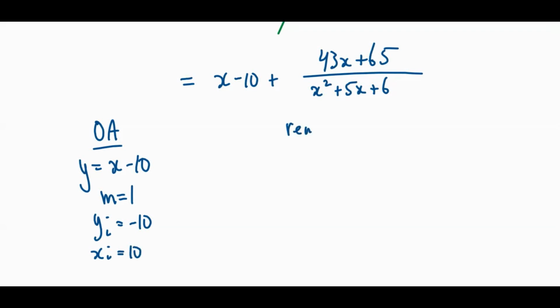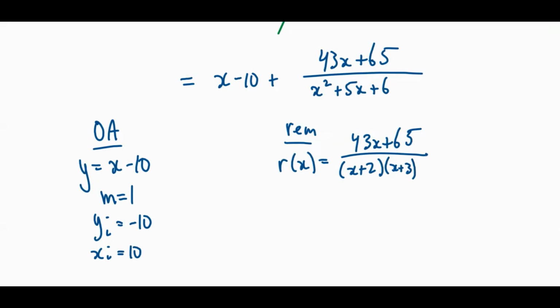And then the remainder part, I like to call it r of x, is 43x plus 65 over, and I'm just going to refactor this. And my testing looks like this.